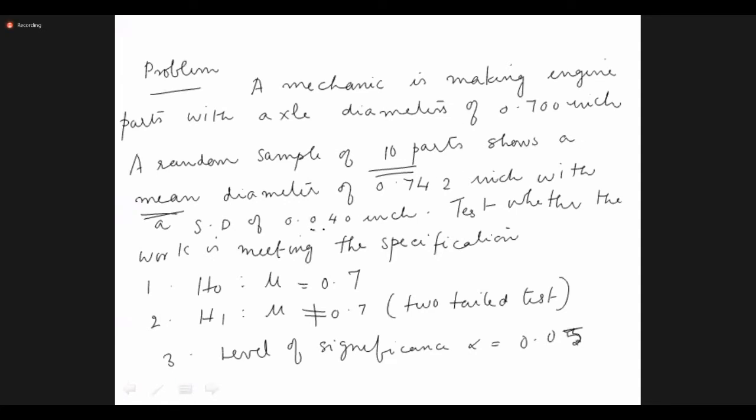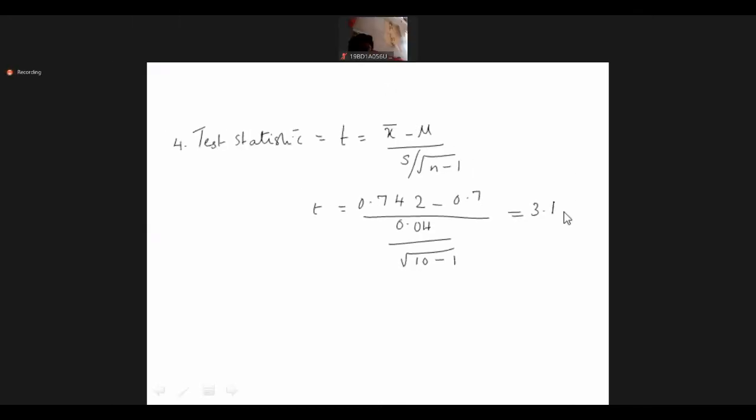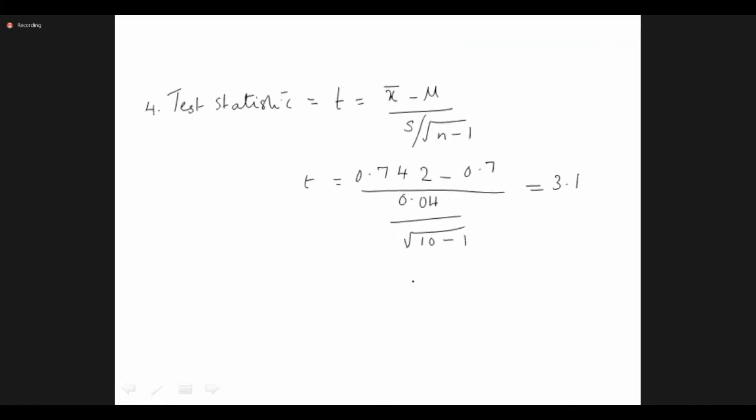So t is equal to (0.742 minus 0.7) divided by 0.04 by root of 10 minus 1. You calculate the value, it will be approximately 3.15. So we got the t value 3.15.